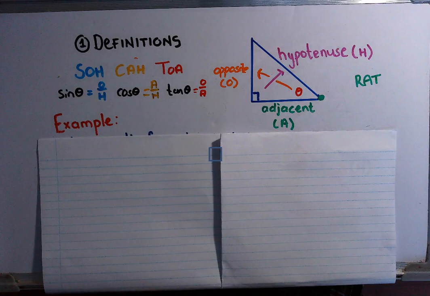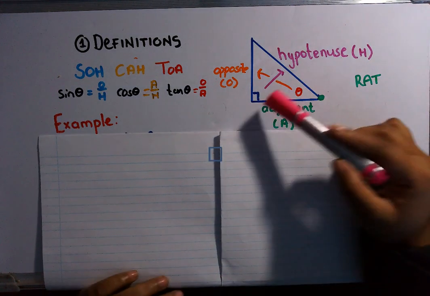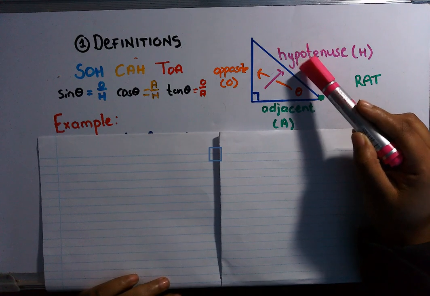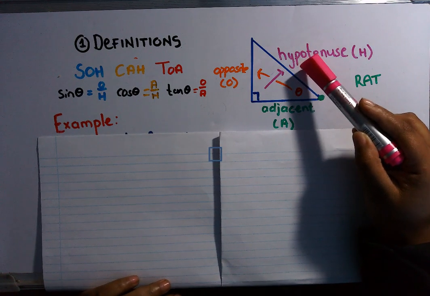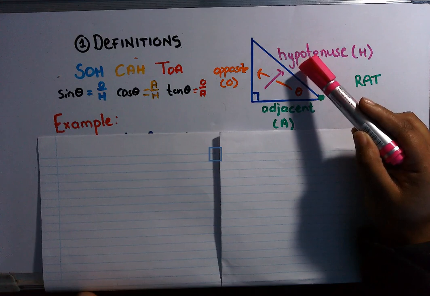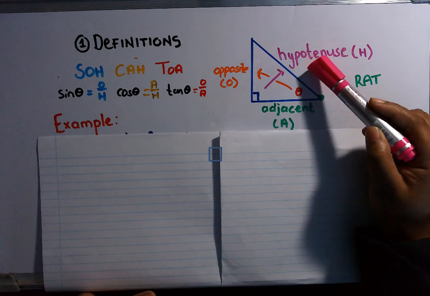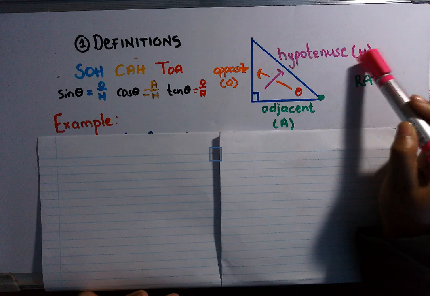So in this rat, we know from previous years that the longest side opposite the 90 is called the hypotenuse. Now within a right angled triangle, we need to distinguish between three sides and they each have a name. So the first one is the hypotenuse, which we will represent with an H in brackets.